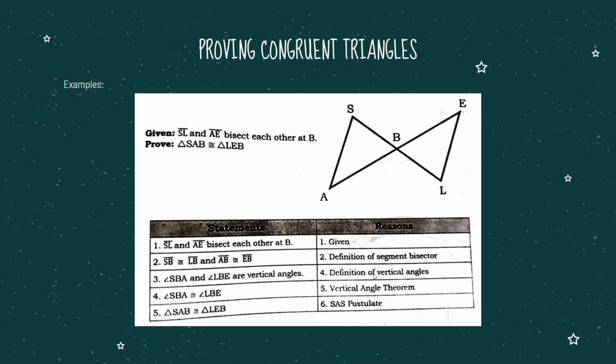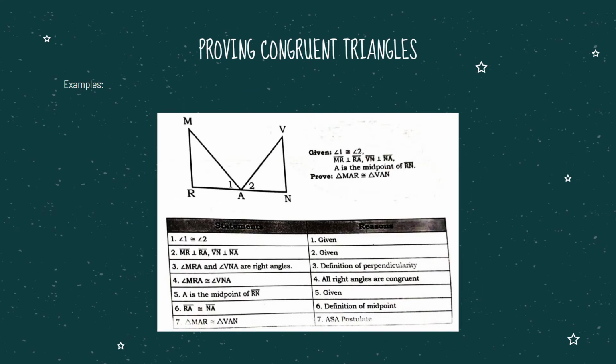The number 4 for the reasons is supposed to be 3, number 5 supposed to be 4, and number 6 supposed to be 5. Next, number 4, angle SBA is congruent to angle LBE, for the reason that it is the vertical angle theorem. Triangle SAB is congruent to triangle LEB, for the reason that it is the SAS postulate.